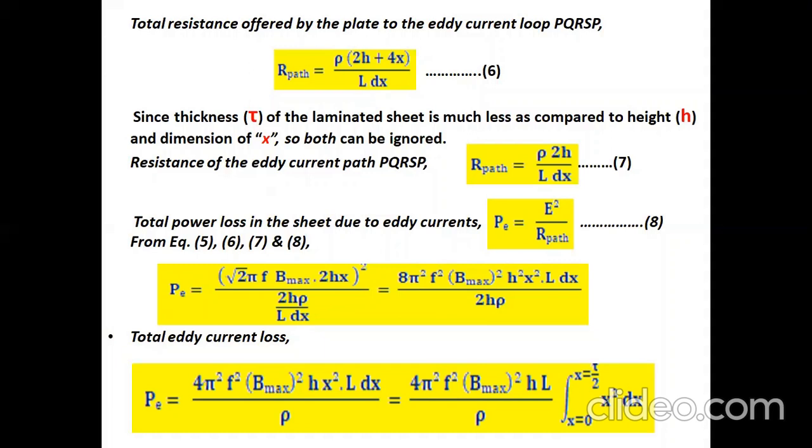Then total eddy current loss PE equals 4 pi square F square B max square h x square L dx by rho, equals 4 pi square F square B max square hL divided by rho into the integration with limits x equals 0 to x equals tau by 2 of x square dx.